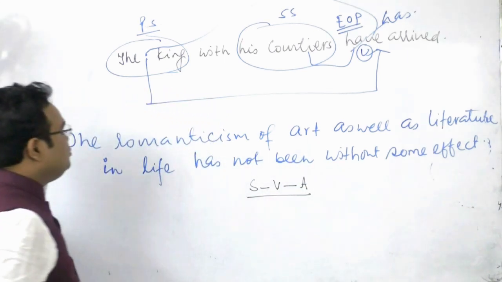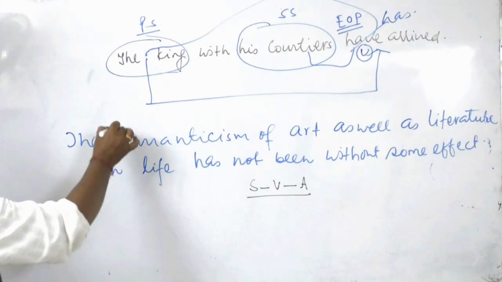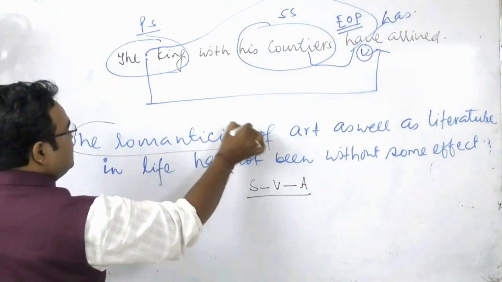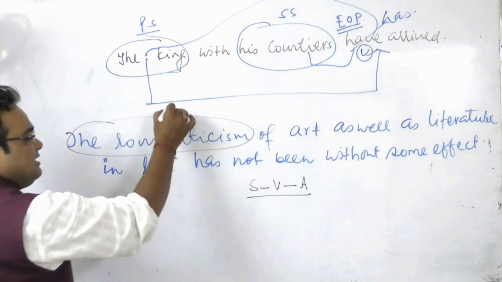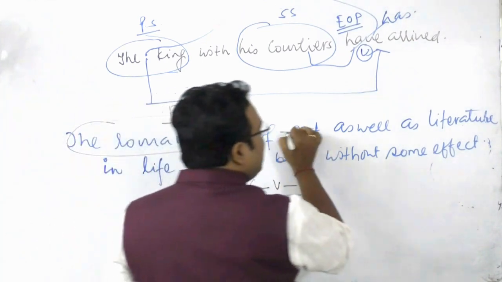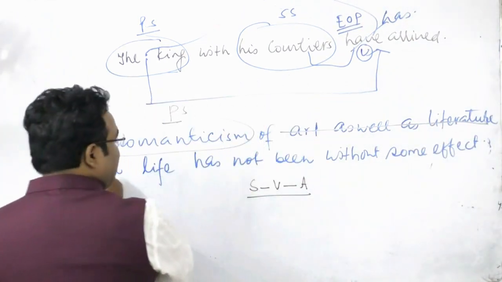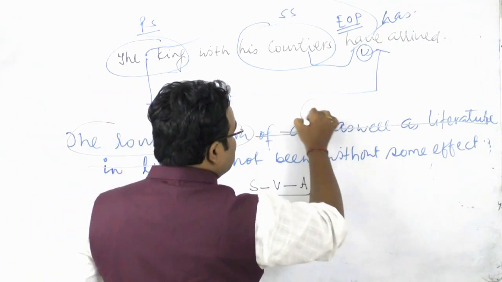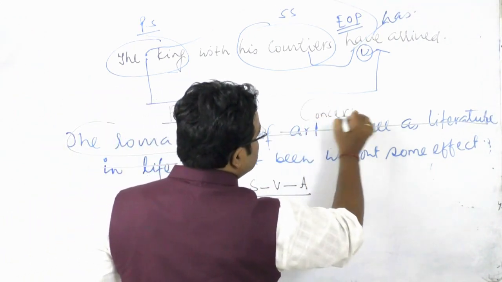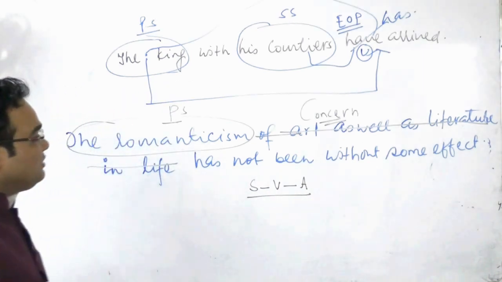You just remember this, the romanticism is the subject. This is our primary subject. Rest, art as well as literature, in life, we don't have any concern about these lines.